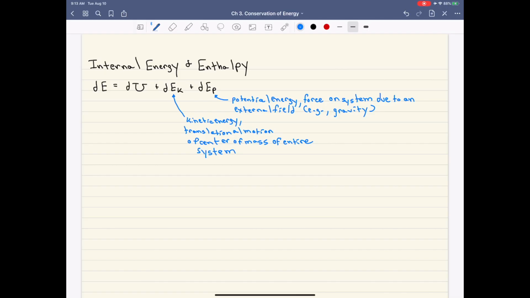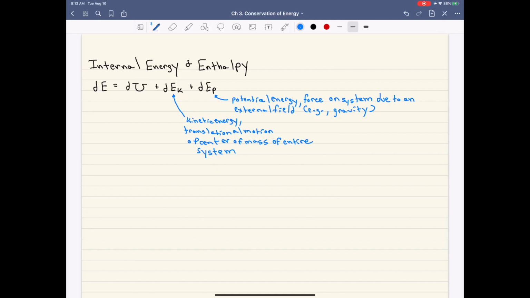So basically, if we think of our system and the boundaries along with it, the kinetic energy would be describing essentially the energy associated with the speed of how fast that system is moving.